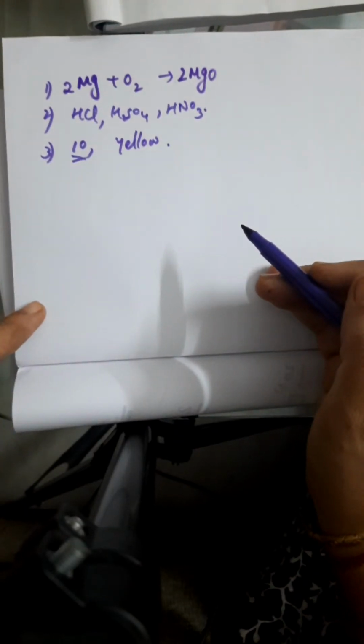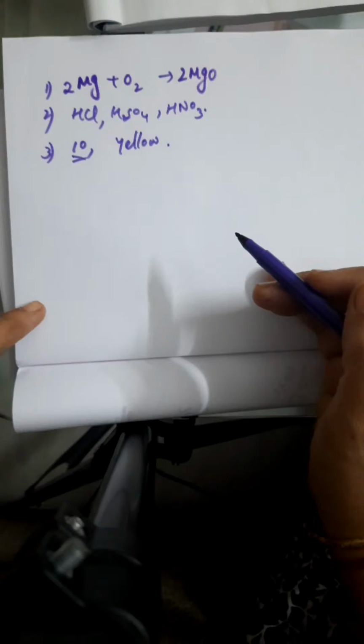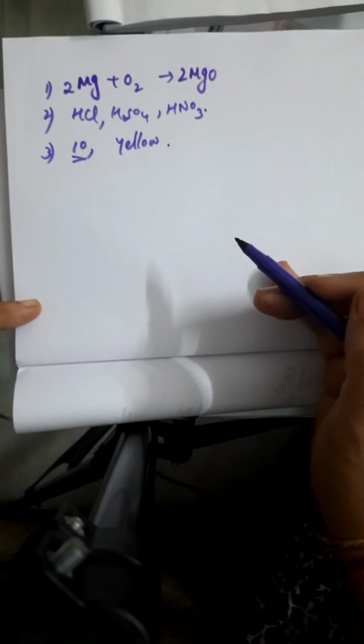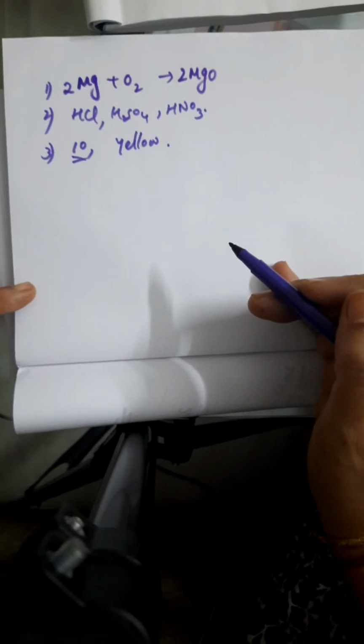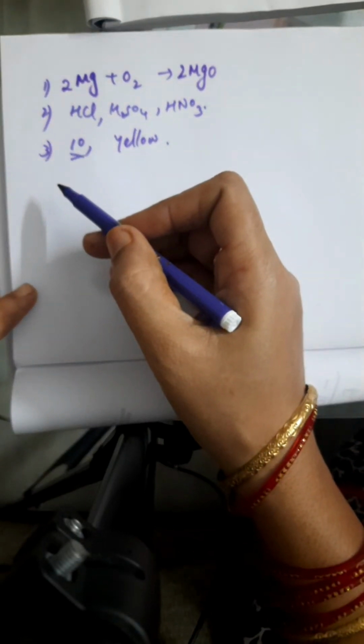Anode mud will tell which substance can be taken as pure metal and what can be taken as impure metal. Now here, fourth question, electrolytic refining.